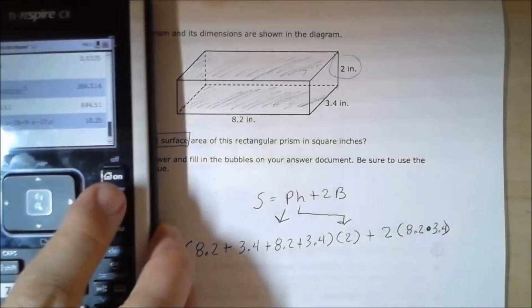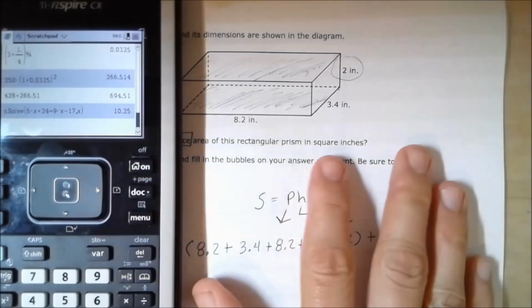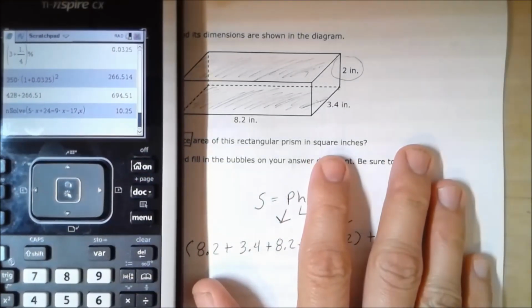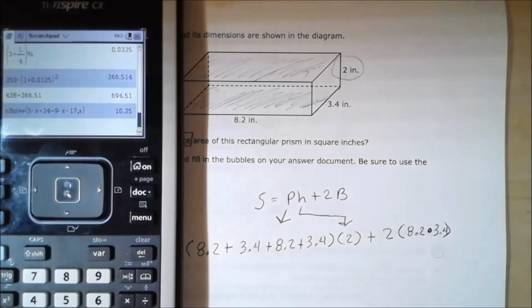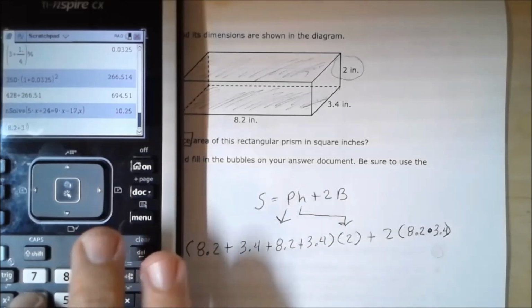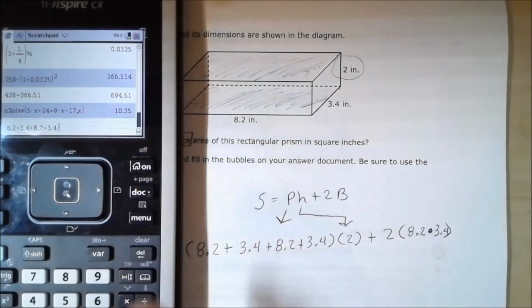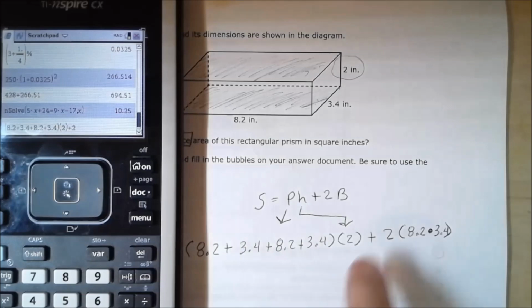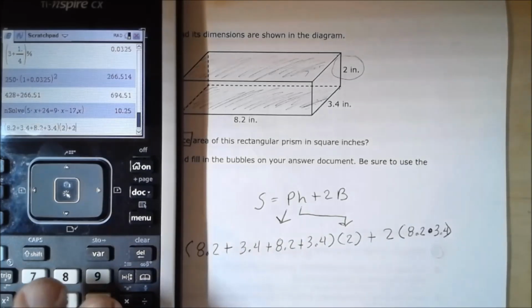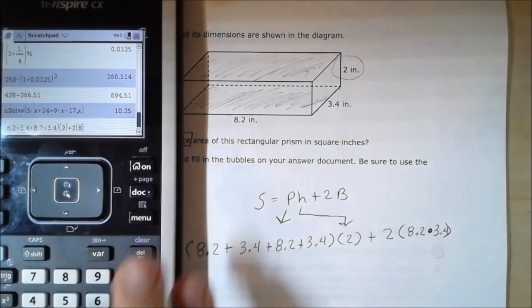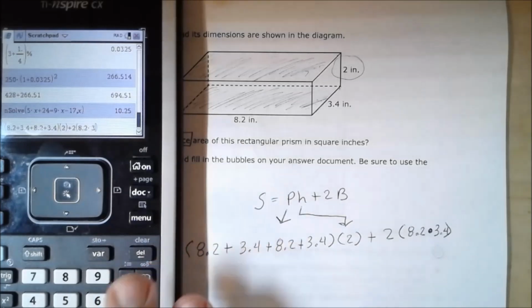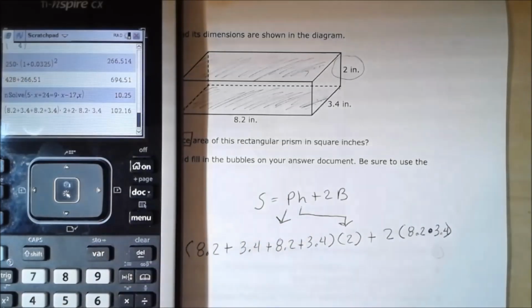So let's go ahead and take a look at that. Let's put all these numbers in real quick. You're not using numerical solve, but you are going to put your parentheses in and do 8.2 plus 3.4 plus 8.2 plus 3.4, and then another parenthesis because you're going to be multiplying to the height, which is 2, plus 2 times the area of the base, which is 2 times 8.2 times 3.4, and hit enter.